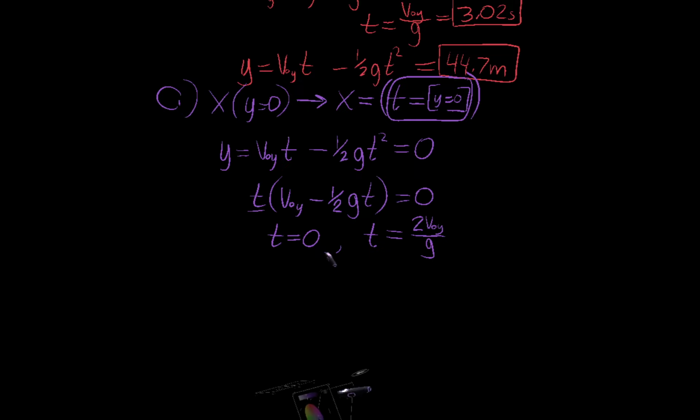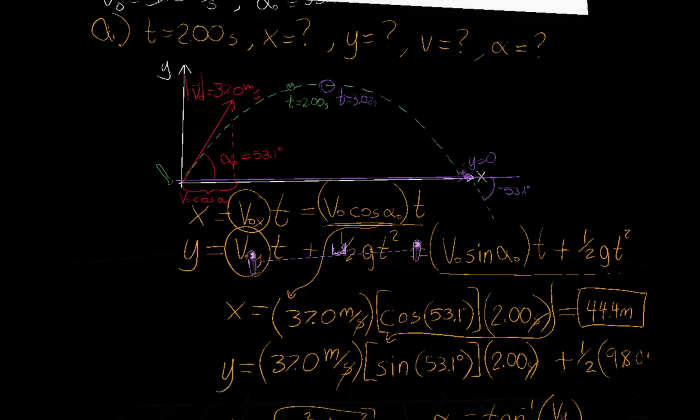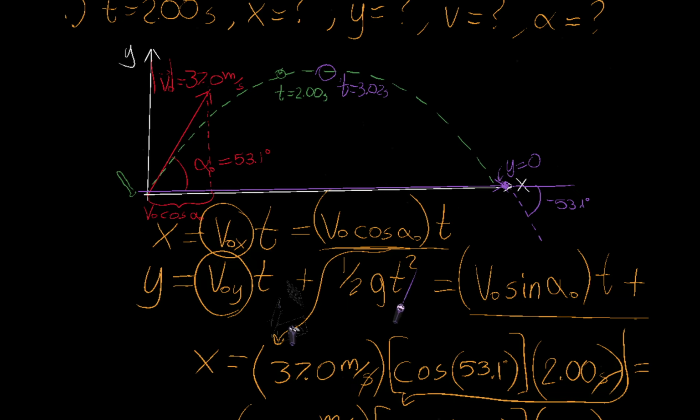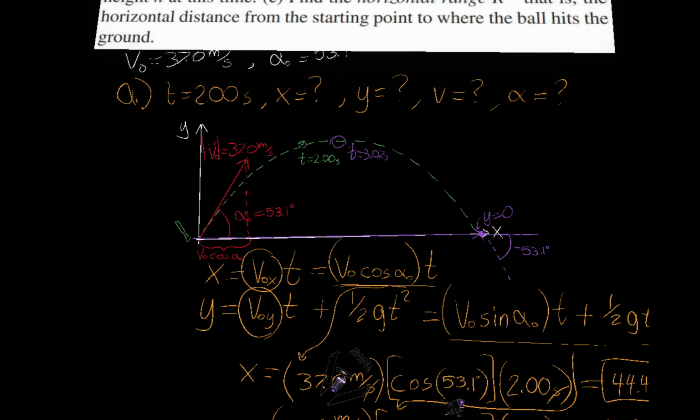So this is not false. We asked math the question, and it answered, and it gave us something beyond what we expected. But it's true. We said, when is it true that the baseball is on the ground, or at the origin, or at y equals 0, at 0 height?